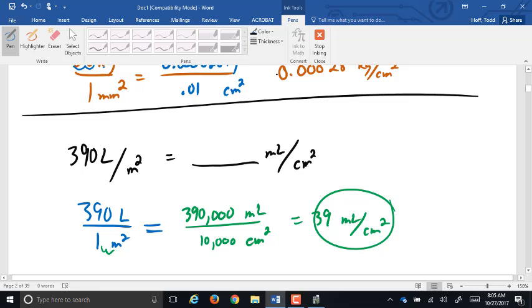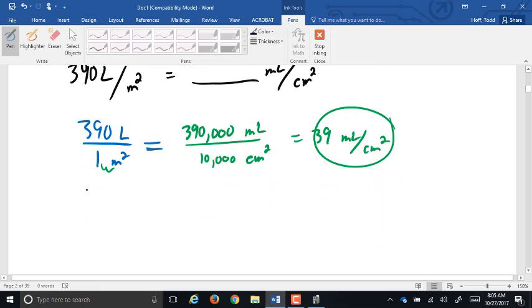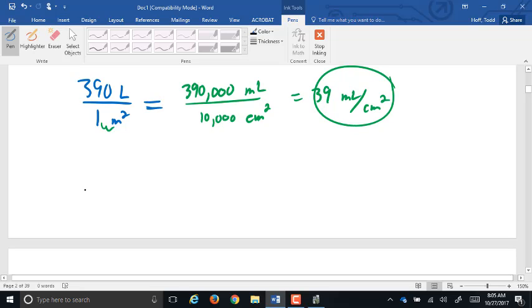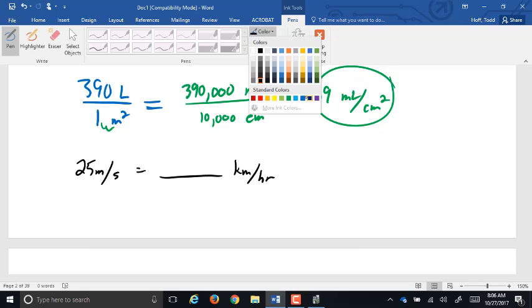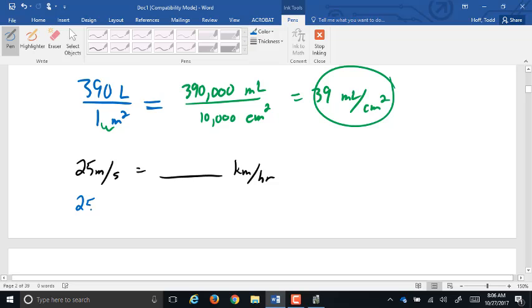Now, not all of our metric conversions are quite that simple, because we can end up with other units in there. Like when we have time involved, time is not metric. So if we have something like 25 meters per second, and I want to go to kilometers per hour. Well, I have 25 meters over 1 second.